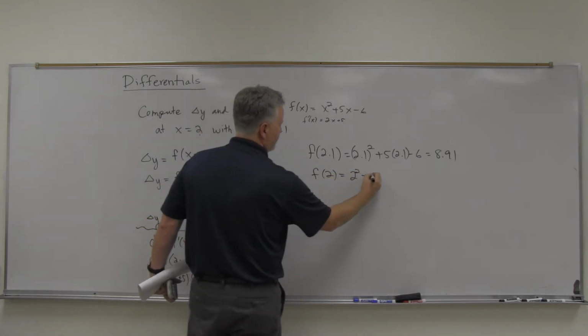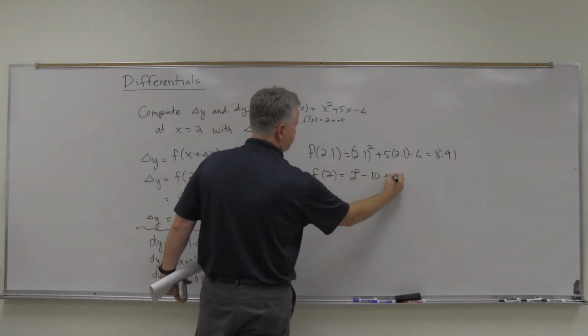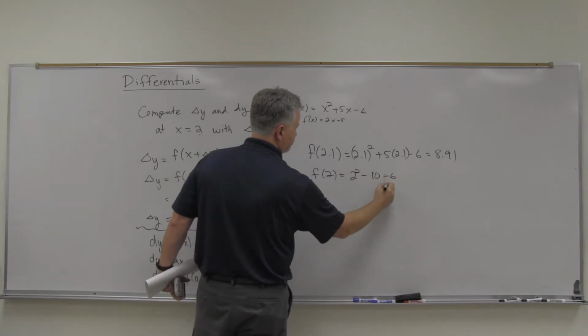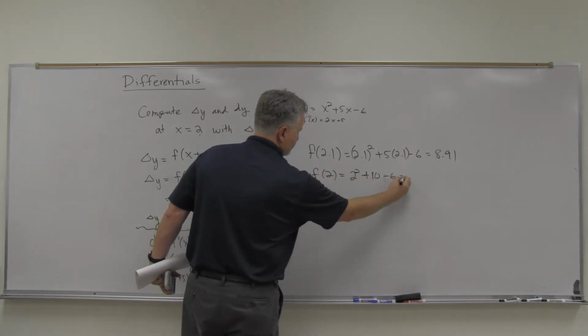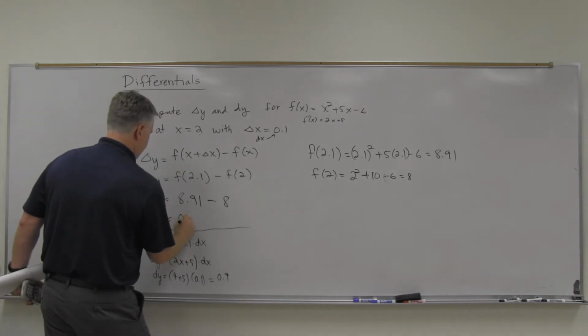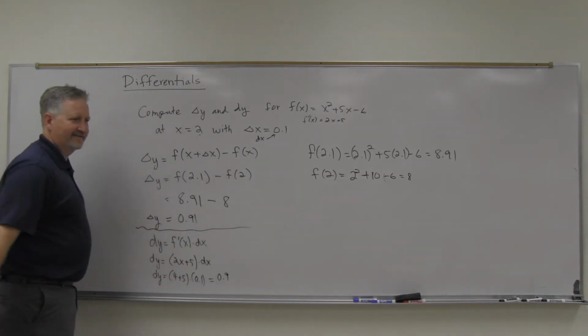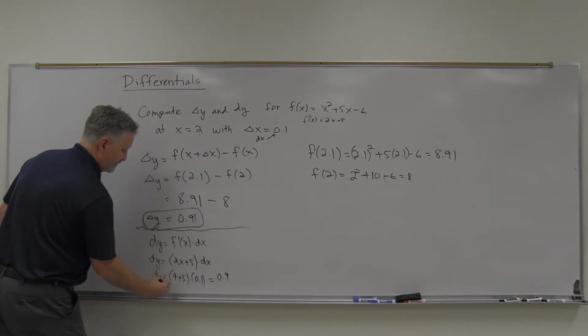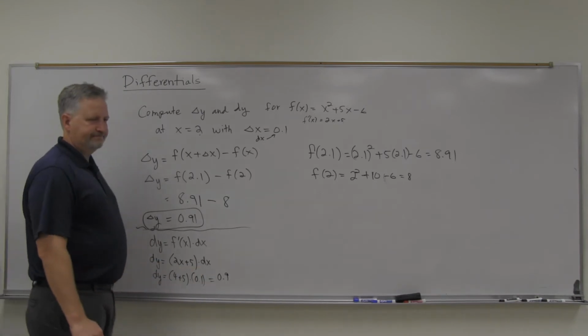Yeah, that's 0.91. I'm much better with that. All right, so delta y is 0.91 and dy is 0.9.